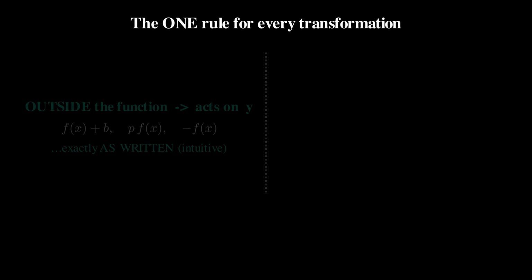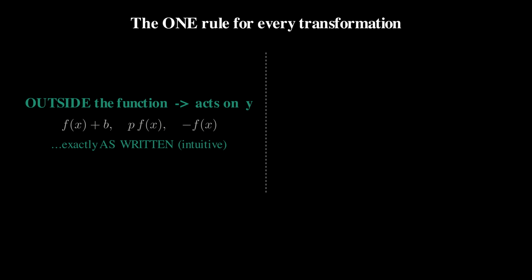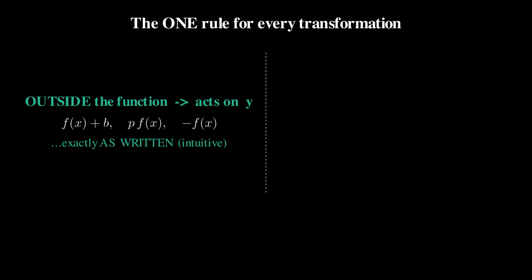Look at where each change sits relative to the function, f. Anything outside f, added on, or multiplying the whole thing, acts on y, and it does exactly what it says. Plus b goes up by b, times p stretches by p. A minus flips top to bottom.